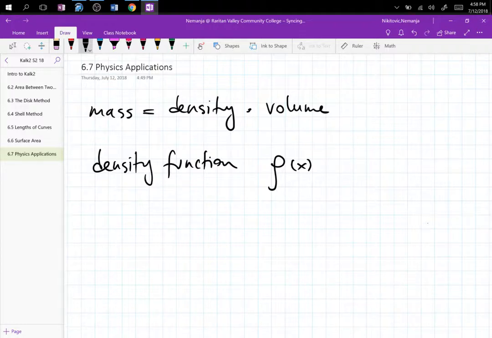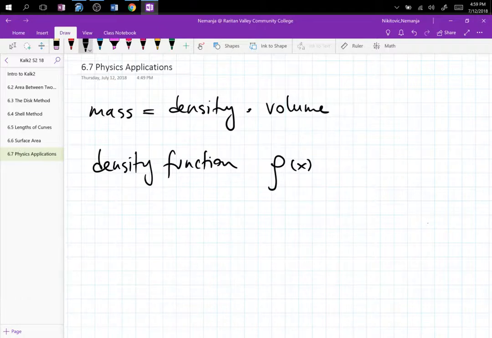You know that certain objects are uniformly dense. If you take a solid piece of metal, that should be uniform density. If you take a solid piece of plastic, again, uniform density.